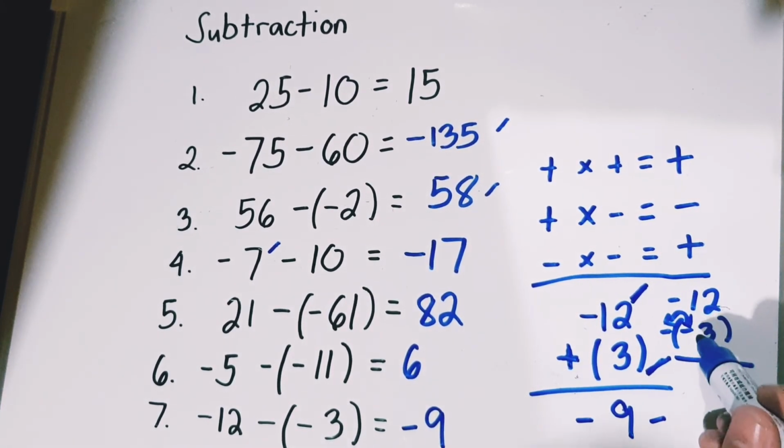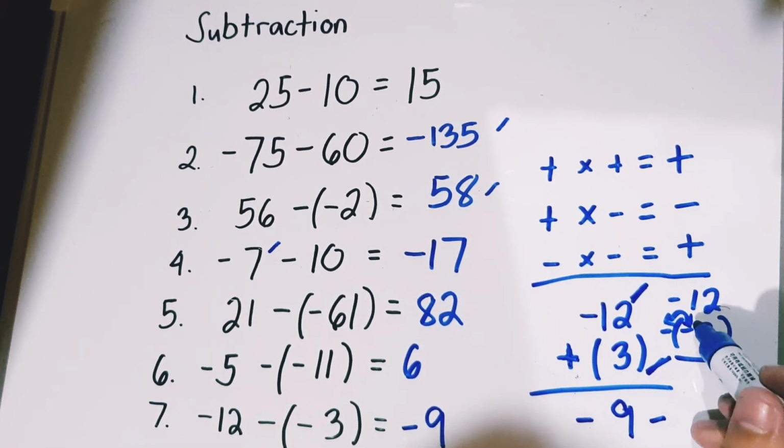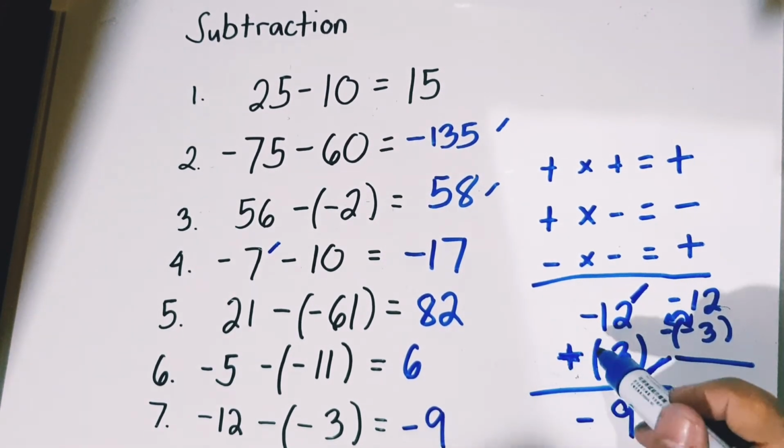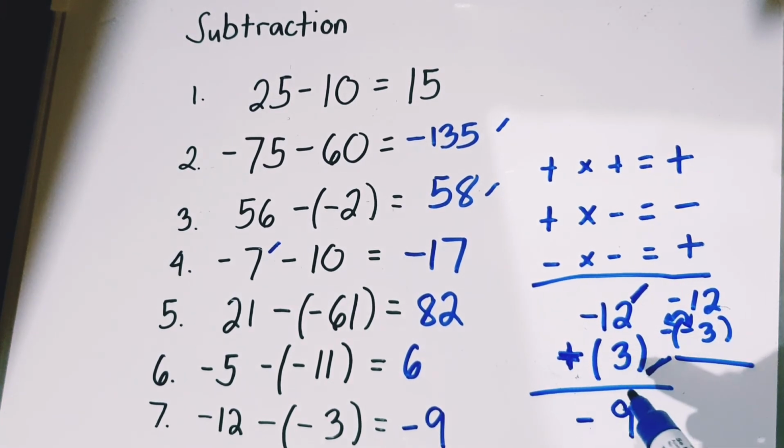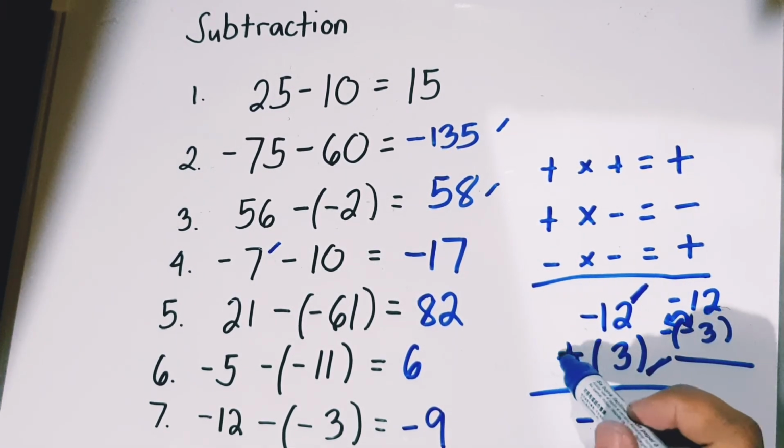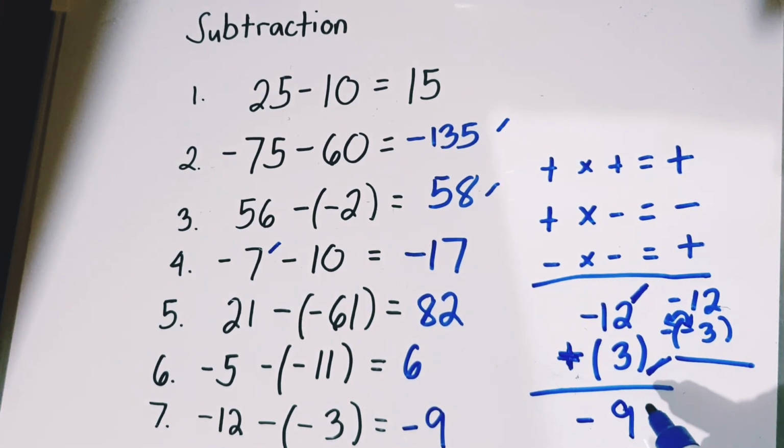Then when multiplying it, we have addition. We get the plus sign, then add them both, so we can get our answer.